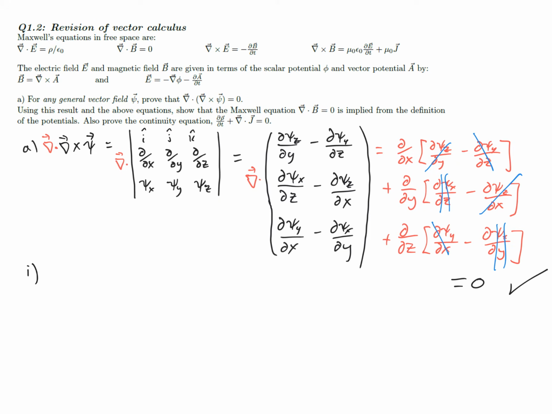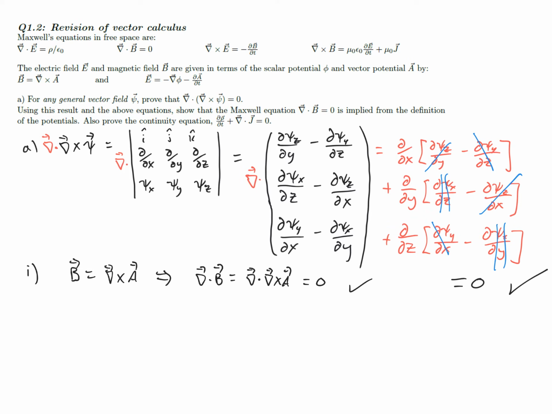We can do it easily. We take the first definition of the potential given there, which is that the magnetic field is given by the curl of the vector potential, and we just take the divergence of this equation on both sides. So we take the divergence of B is equal to then the divergence of the curl of A, and we've just proved that for any vector field, the divergence of the curl is equal to 0, and so that's it proved.